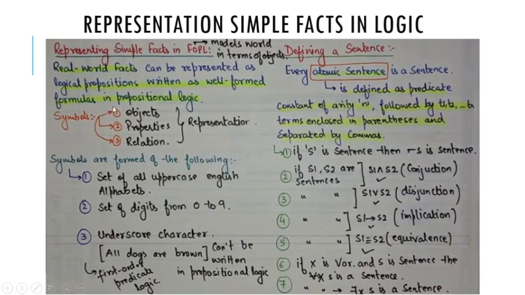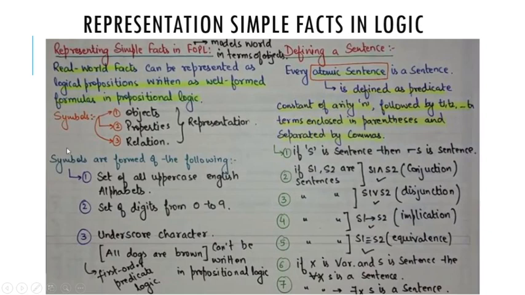So the symbols will show these things. First of all, what the thing is, what its properties are, okay? And after that, what its relations are, right? So basically it will represent objects, properties, and relations between those objects.